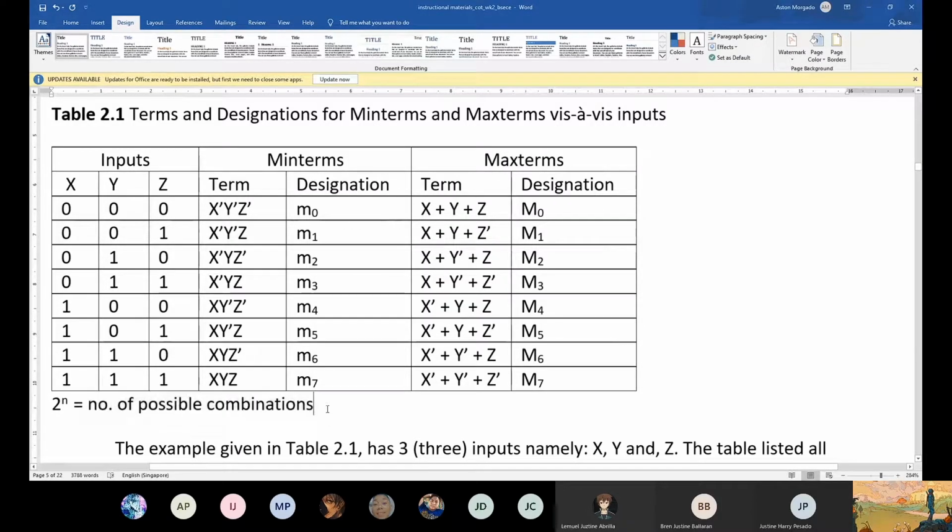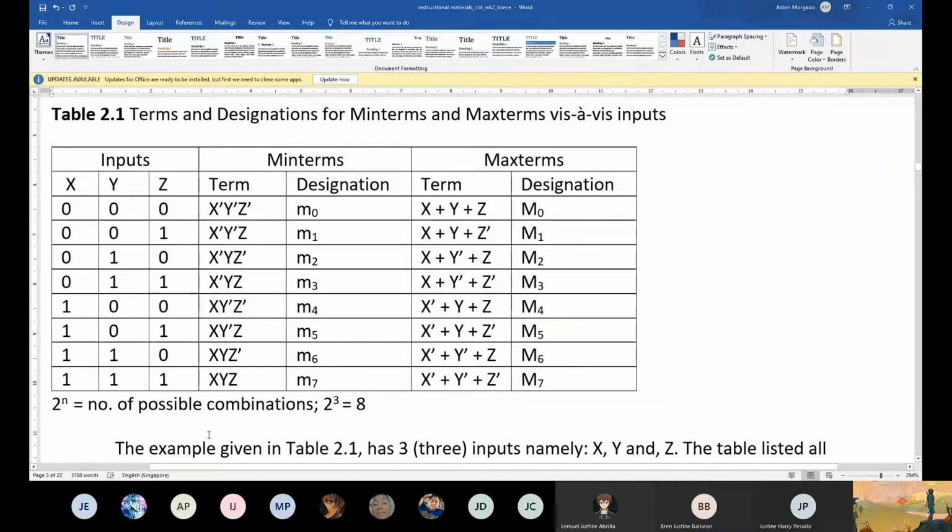Okay. So example here, you have XYZ. That means we have, ilan? 2 to the 3. Ano bang sagot? Class, 2 to the 3 is? 2 to the 3 is 8. Ayan.